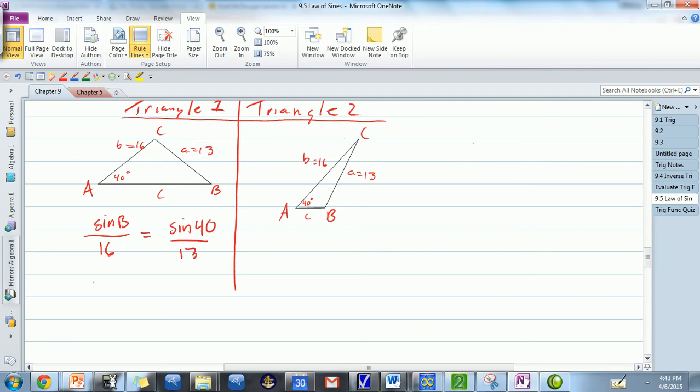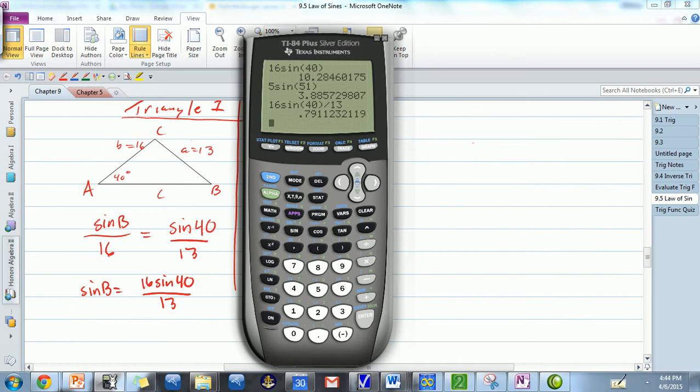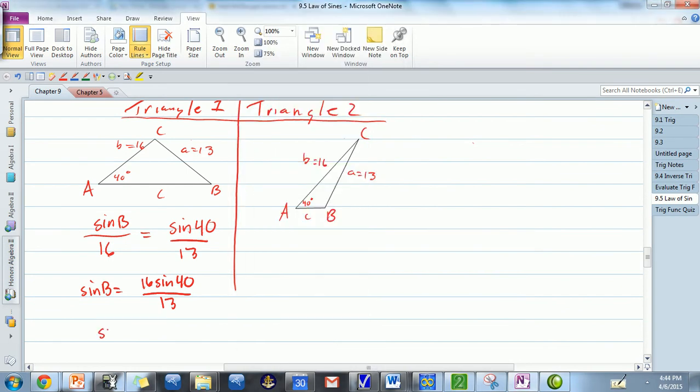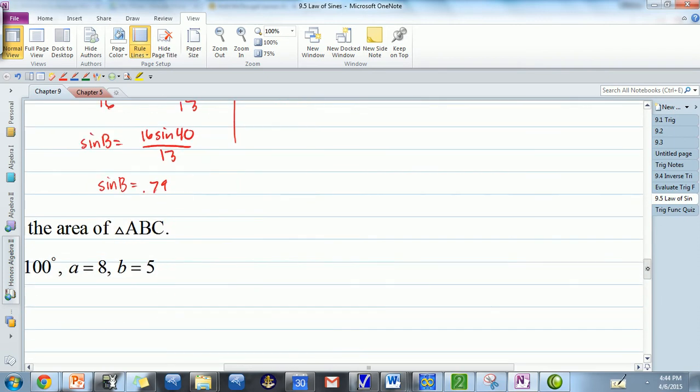So that means that sine B equals 16 sine 40 over 13. So you plug all of that in your calculator. You'll end up with, what's that, 0.79? So sine B equals 0.79. We take the inverse sine of both sides.